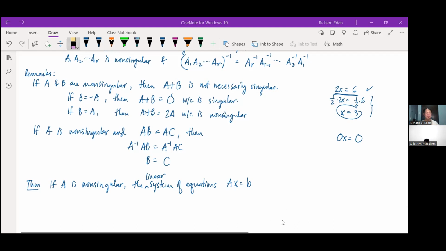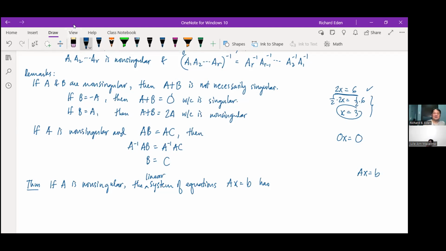Inconsistent, or consistent with unique solution, or consistent with infinitely many solutions? Infinitely many solutions?